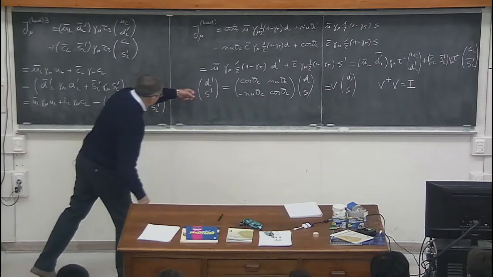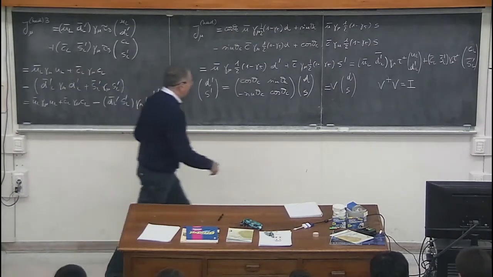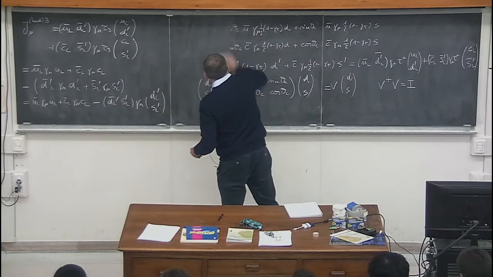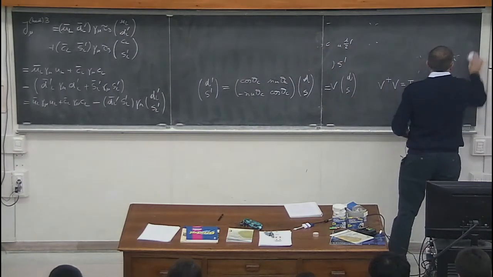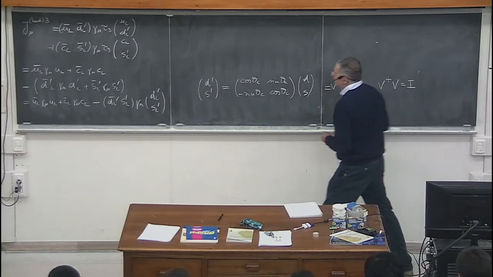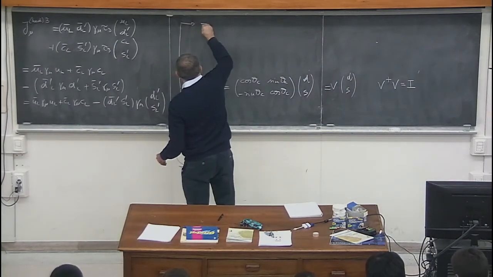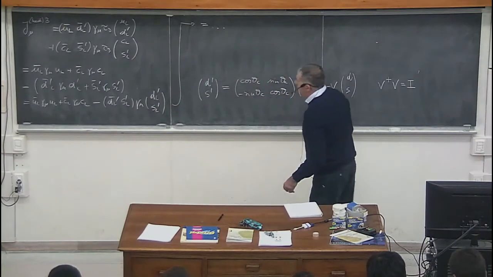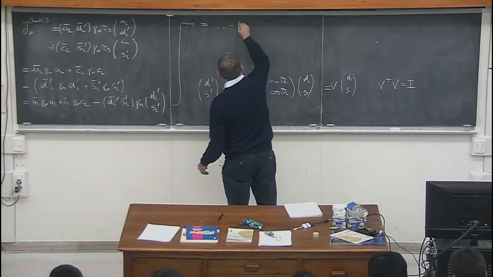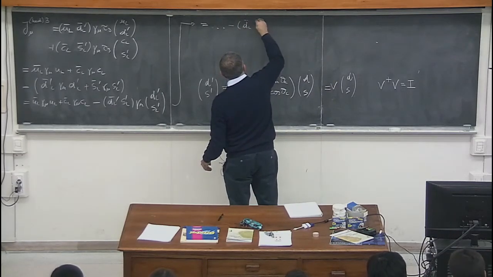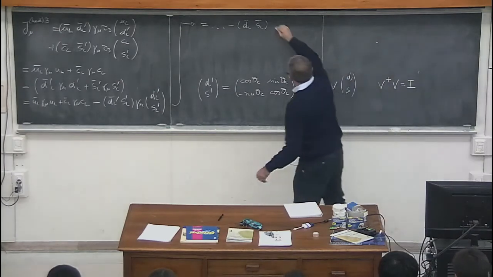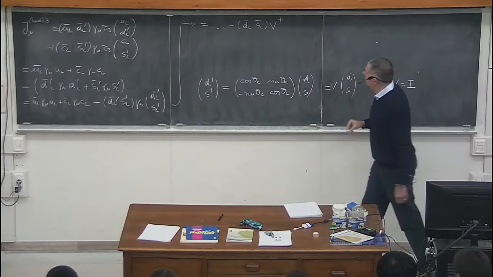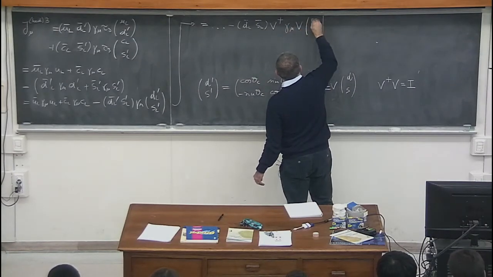But now I use this definition here. And I get, let me omit the first two terms, which are already okay, minus d bar left, s bar left, without primes, V Hermitian conjugate, gamma mu, V d left, s left.